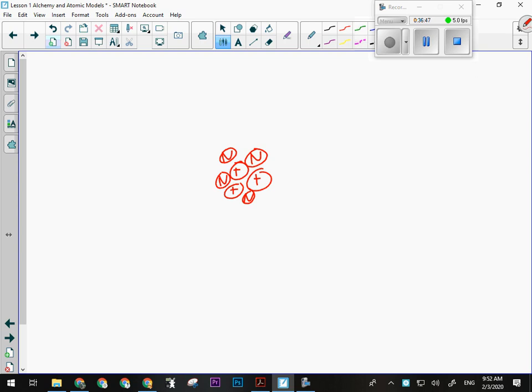How many electrons does lithium have? 3. Remember, an atom has to be electrically neutral. If it has 3 protons, it has to have 3 electrons. Where am I going to find those? In the cloud, right?